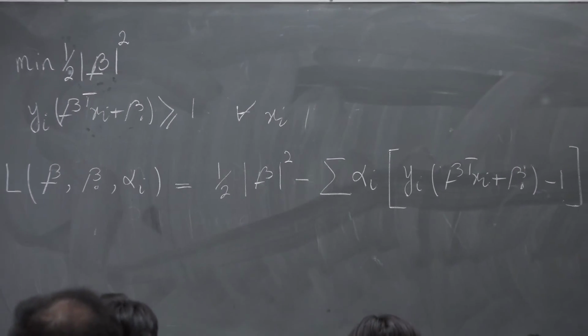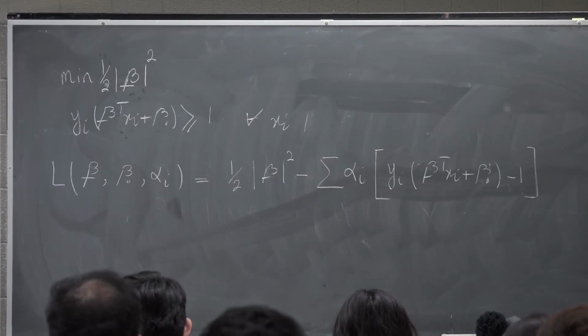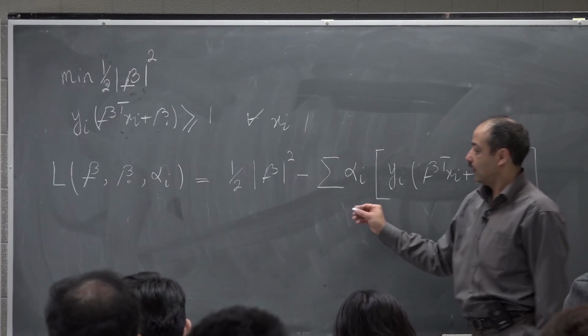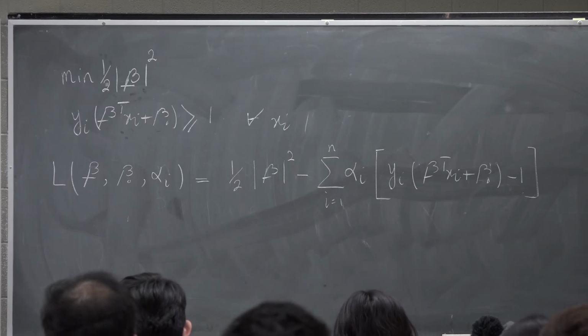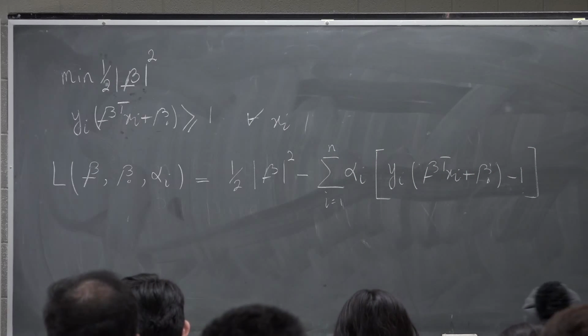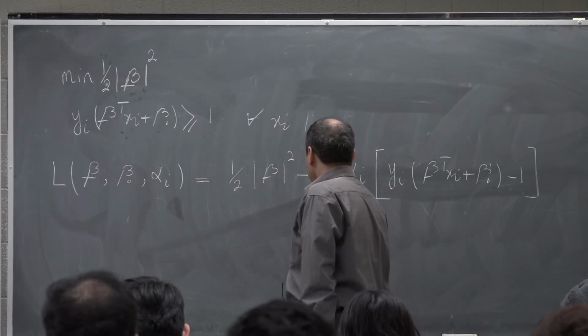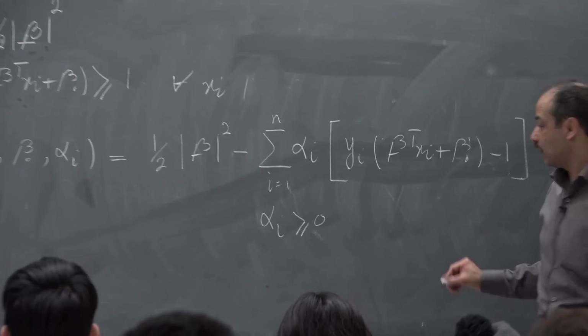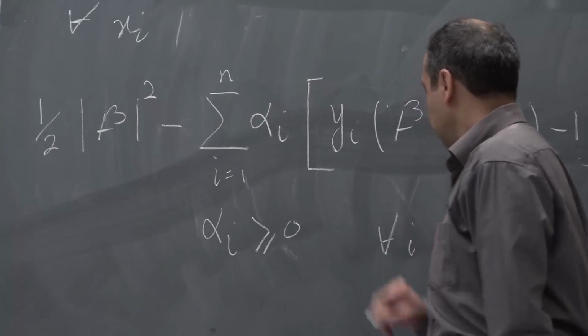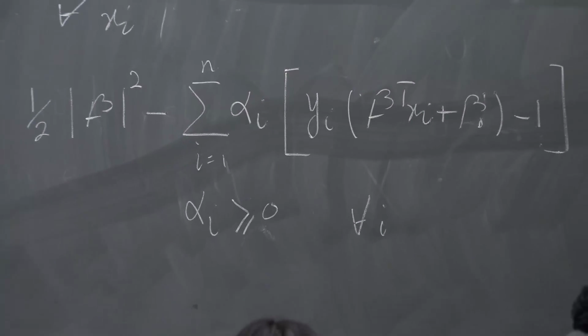Okay, that's my Lagrangian. I had n of these constraints, so I sum over all of them. And alpha is the Lagrange multiplier. It should be greater than or equal to 0 for all i. Okay.